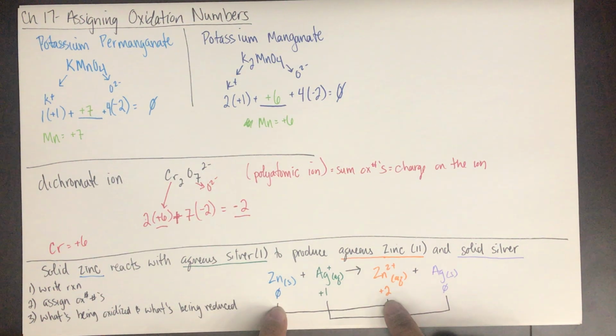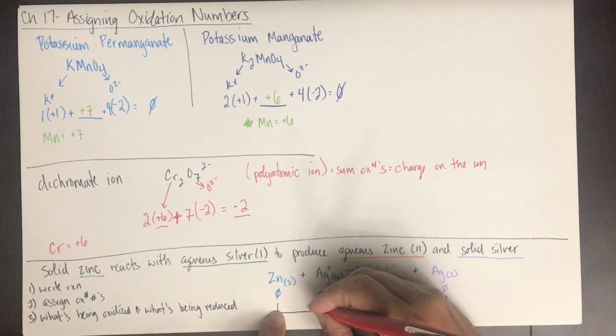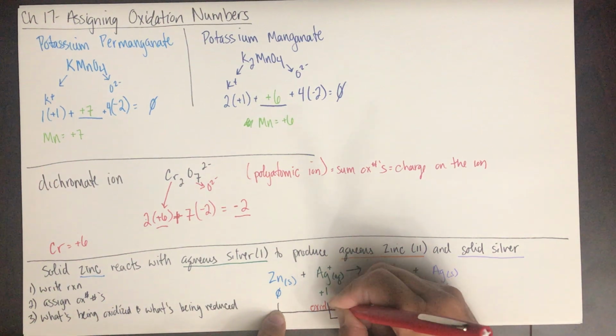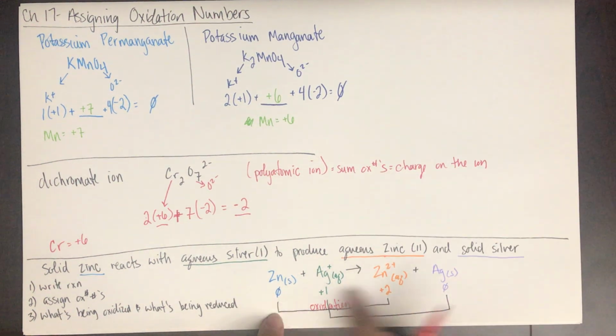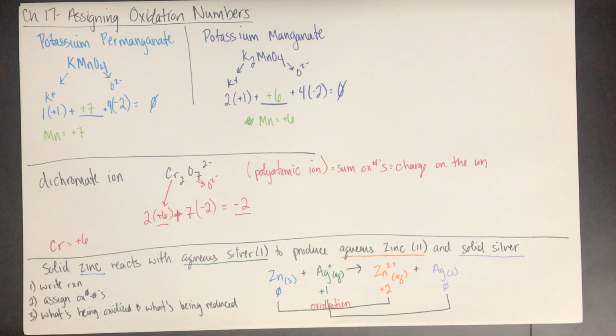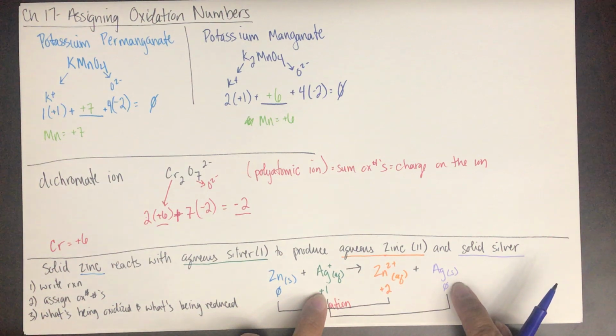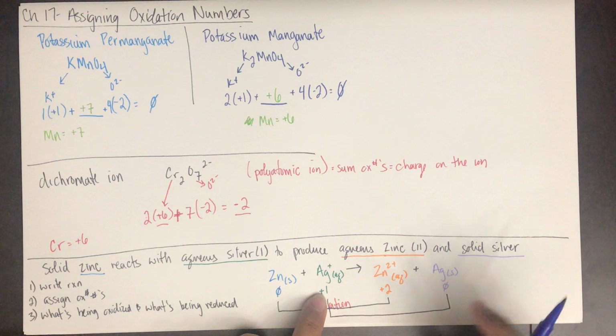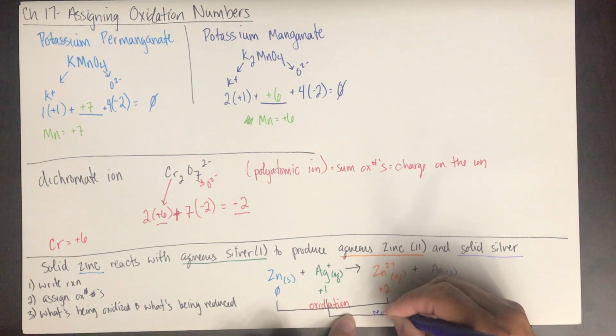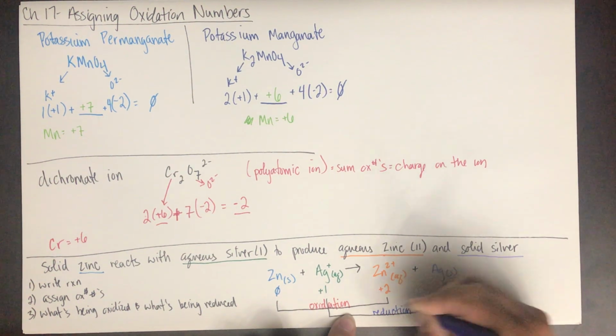Half reactions where oxidation numbers increase means that this is an oxidation reaction, from zinc to zinc 2 plus. And over here, from silver +1 to 0, the oxidation number is reducing. It's going from +1 to 0. So this would be the reduction half reaction.